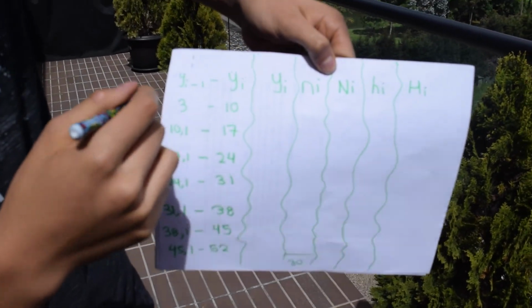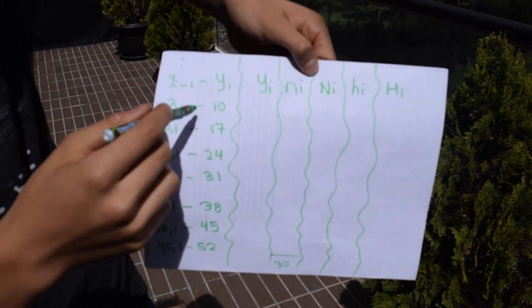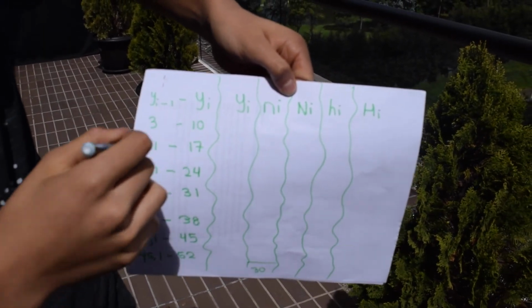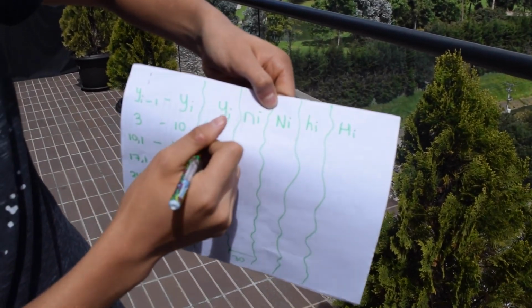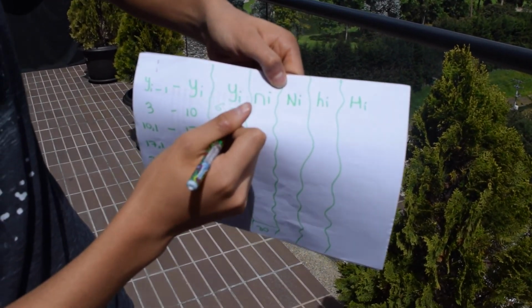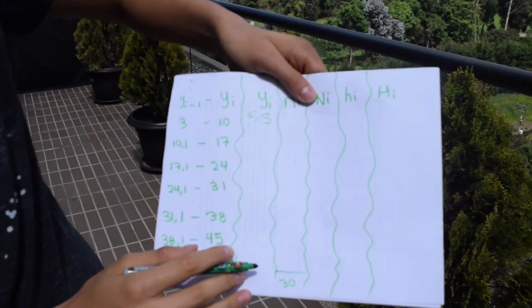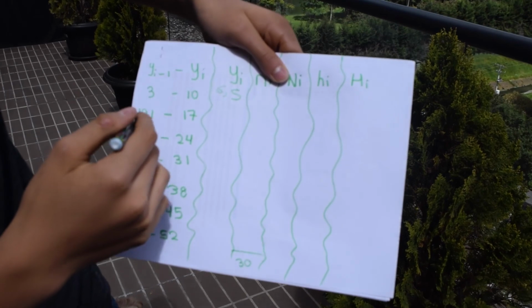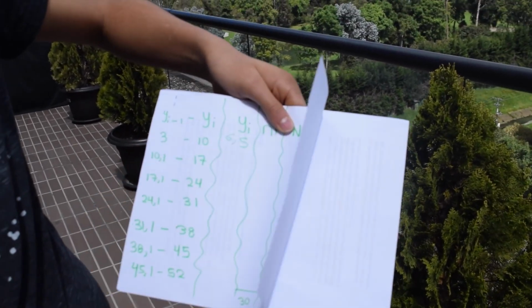So we make the addition: 3 plus 10 is 13, and if we divide 13 by 2, we have this result, 6.5. So in each part we have to do the same thing, make the addition, and finally have the result of this part of the table.